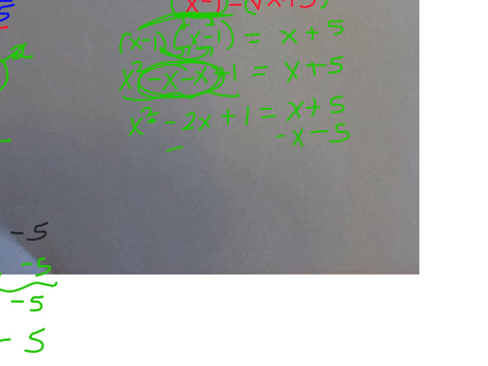So minus x, minus 5. So I get x squared, negative 2x minus 1x is negative 3x, 1 minus 5 is negative 4, and then this whole right side becomes 0.